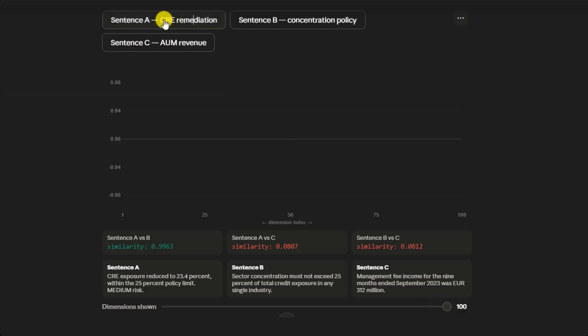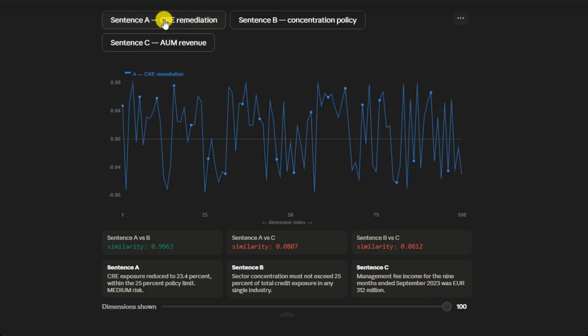For example, let's say we have a sentence about CRE remediation. This is how it might look. Of course, these are not the actual numbers, but this is how the magnitude of each dimension may look. If you convert this into numbers, you'll get something similar to what we saw previously.